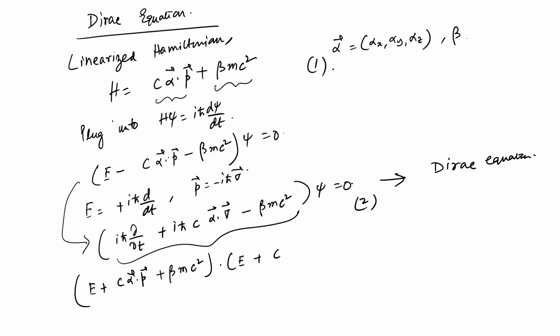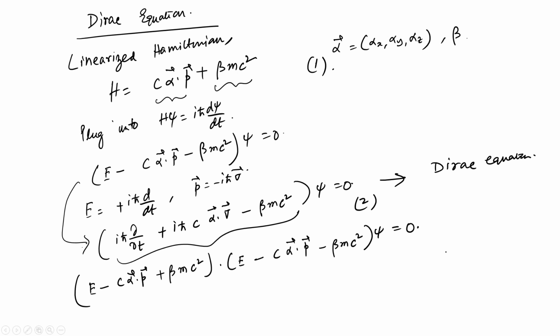If you write it in terms of P, there is a minus sign, and if you write it in terms of P equal to minus i h cross del, then there is a plus sign. So, we should not make this sign mistake.